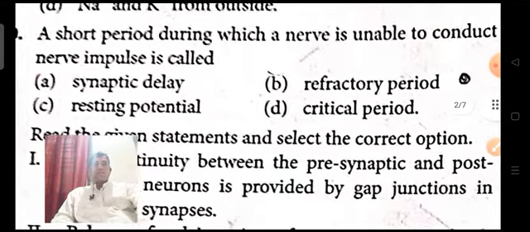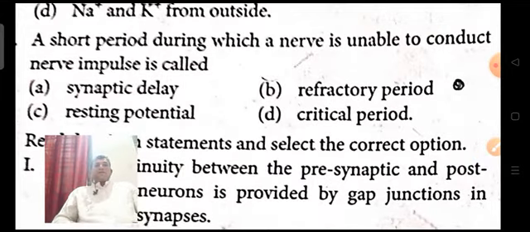The 28th question. A short period during which a nerve is unable to conduct a nerve impulse is called the refractory period.